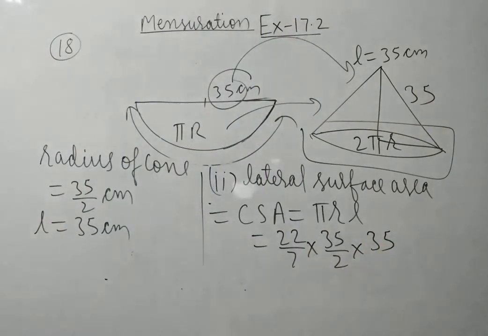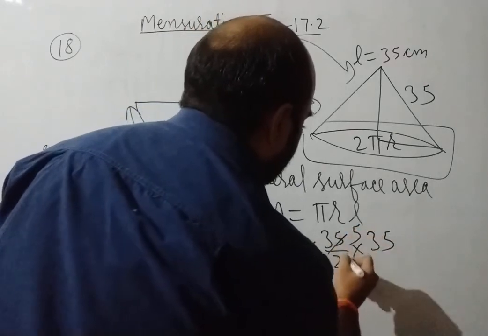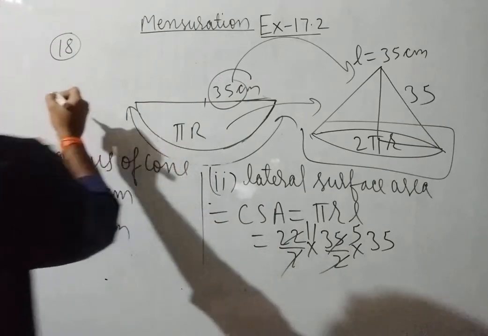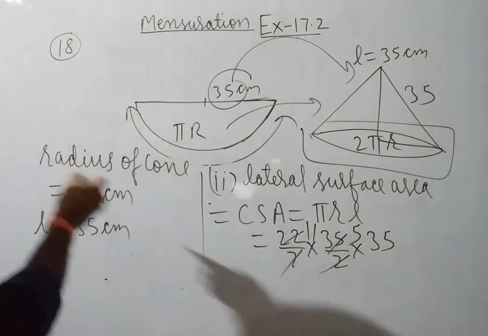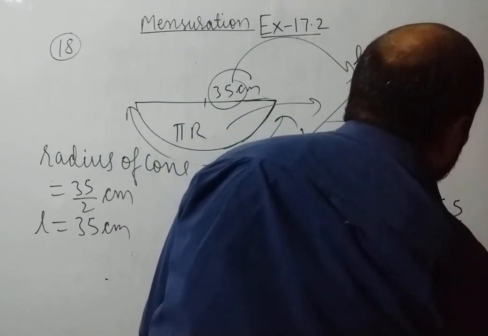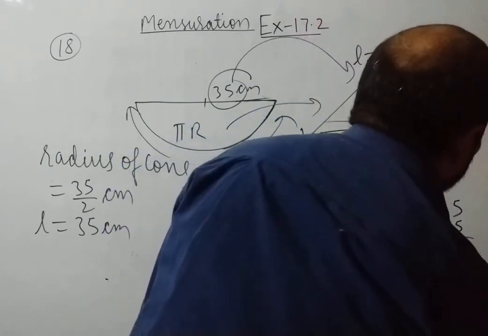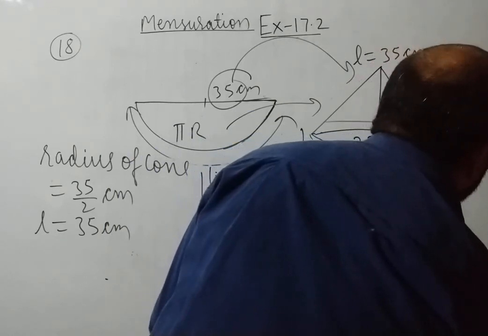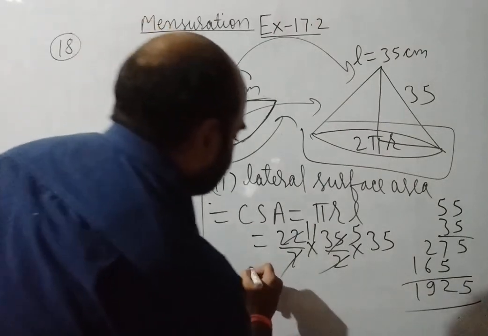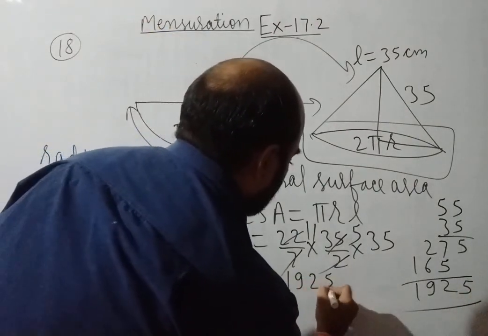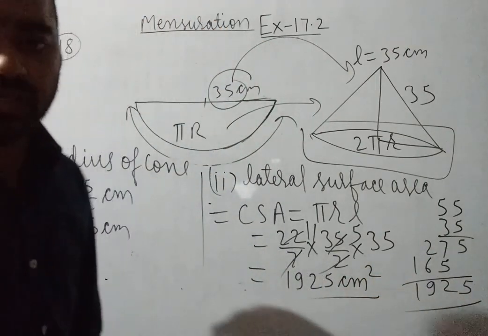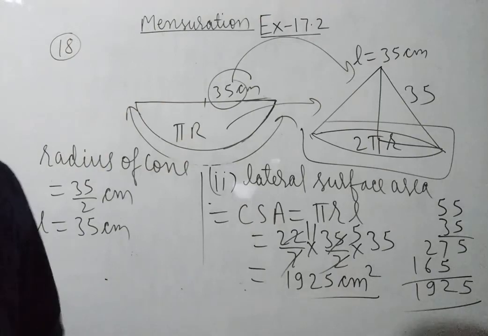Then this is 7 into 5, 2 into 11. It means 11 into 5, 55 into 35. So 55 into 35, calculate. This will be 1925 centimeter square. It is given in centimeter. That is your answer. Clear?